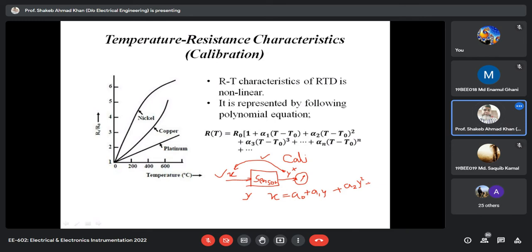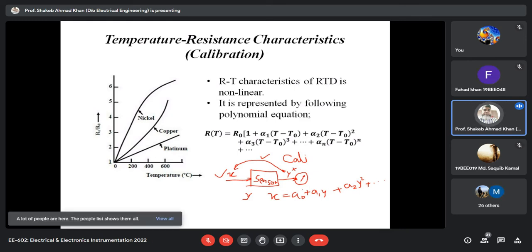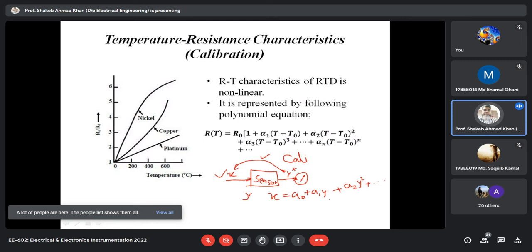If it is a linear relation, then we'll have only two terms, and if it is a non-linear relation, then we'll have more than two terms.